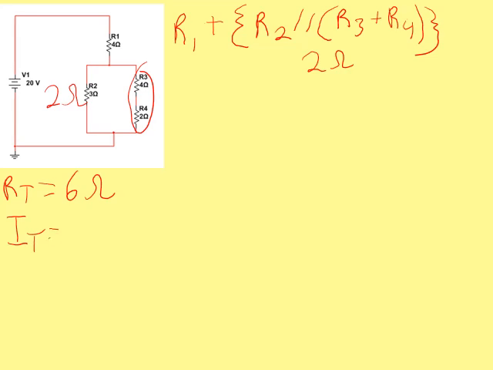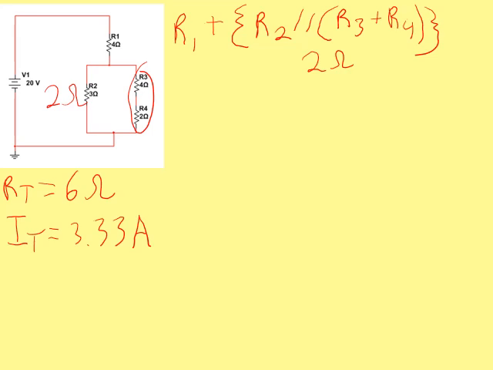Now this is amps, not milliamps, because we have very low resistance. This is not K ohms. So we're at 3.33 amps.